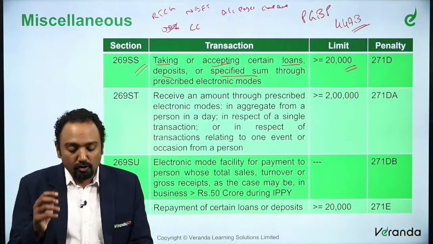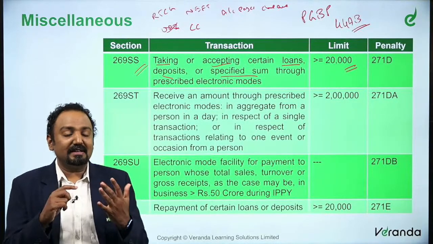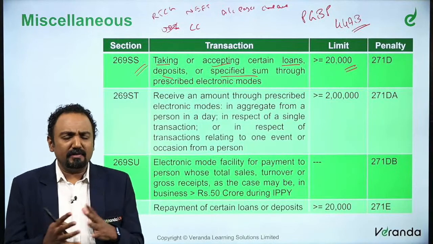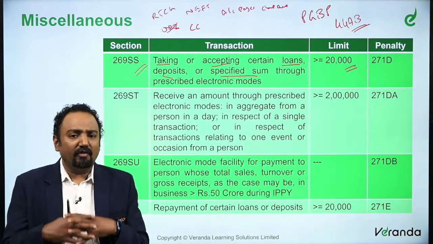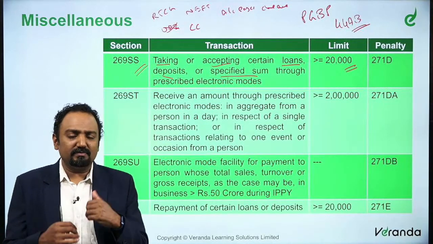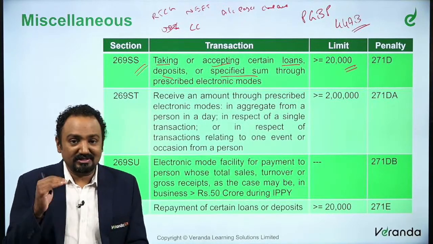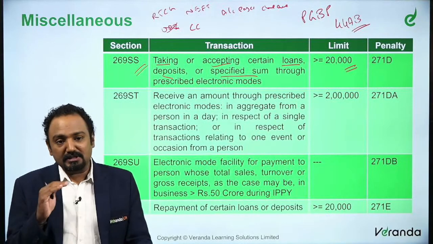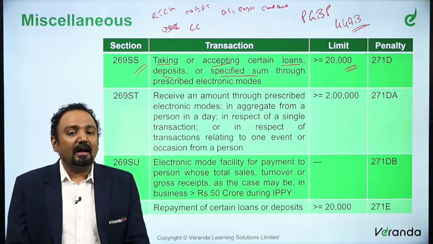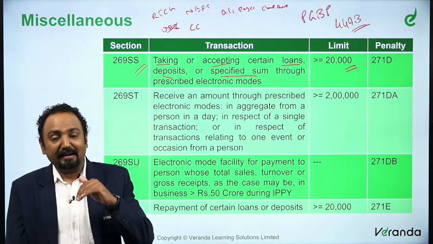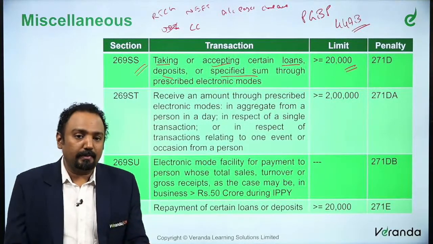So, what do you mean by the term specified sum? We said loan and deposits. When you say loan, it is a borrowing. When you say deposits, you accept some sums as deposits, let us say companies accept deposits and all those things. The word specified sum here refers to any transaction for transfer of immovable property.